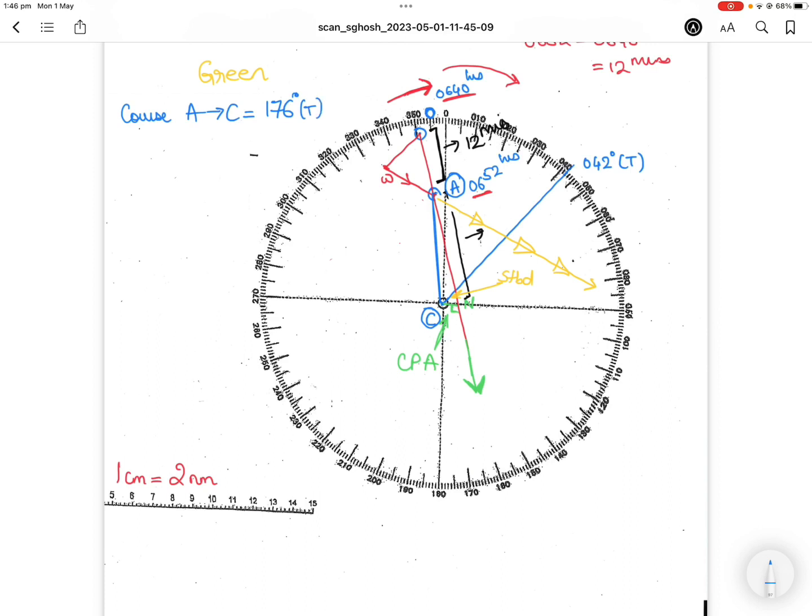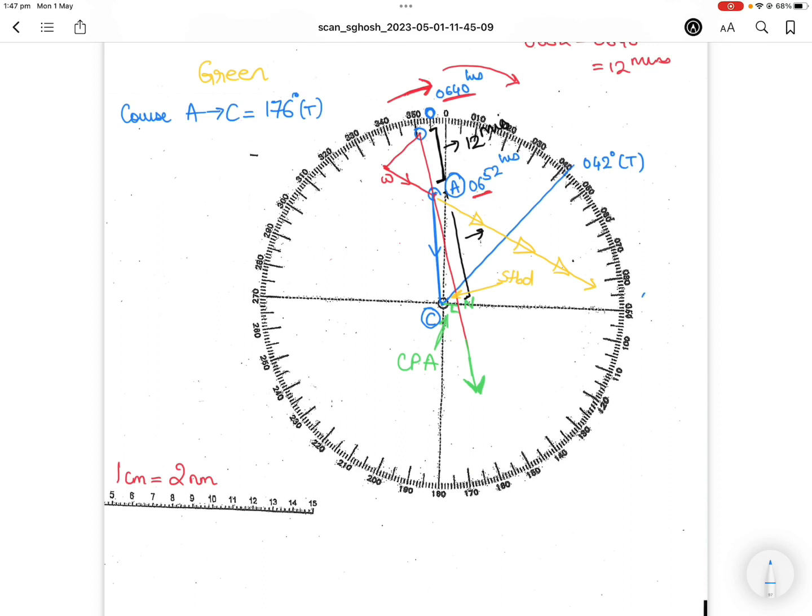That means that is the bearing of C. So your own ship is bearing 176 degrees true, going from A to C. That is your bearing as the target vessel sees you, the bearing of your own vessel from the target vessel. But the course of the target vessel that we found out earlier, which is WA, was 117.